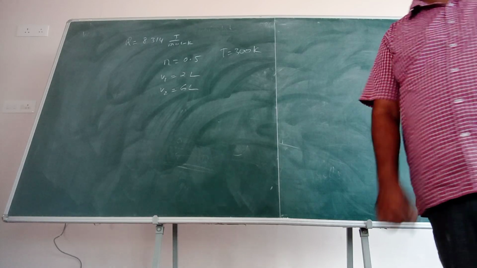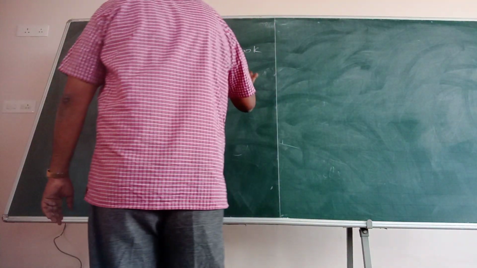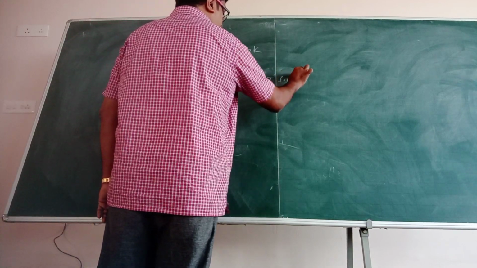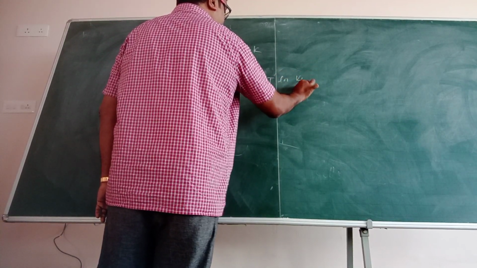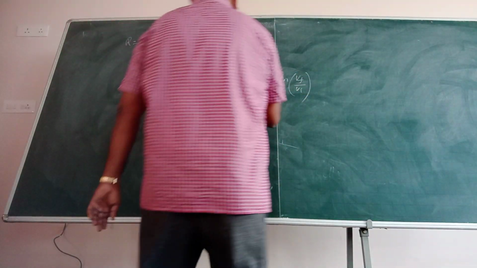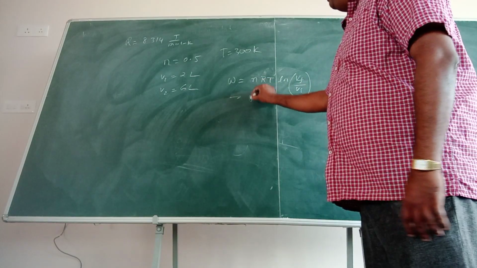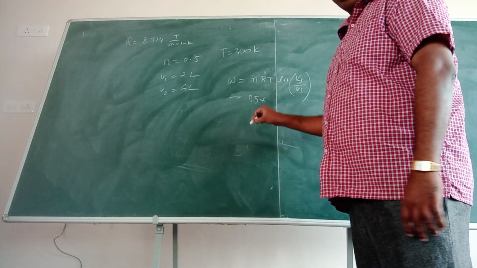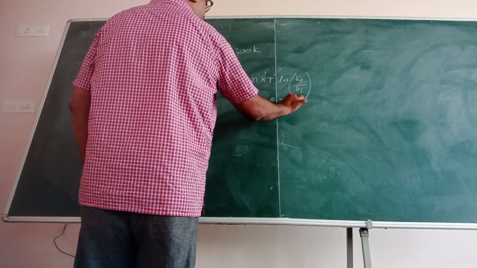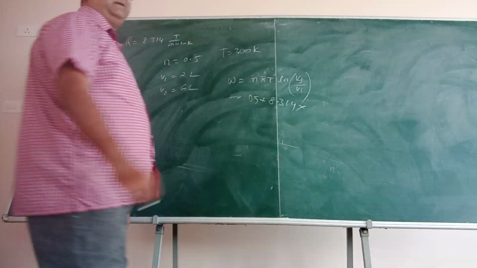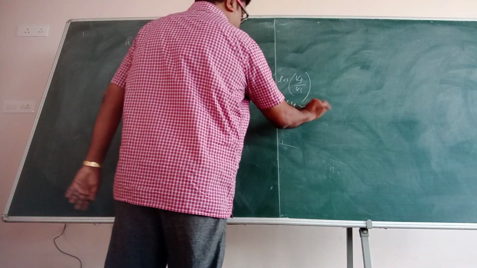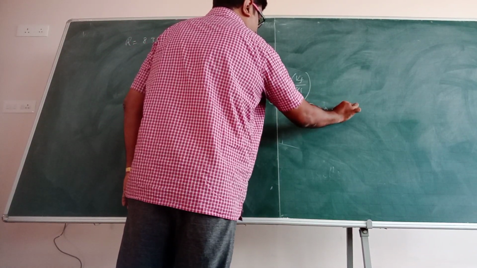Just now we have seen work done is equal to nRT ln of V final over V initial. N is given as 0.5, into R is 8.314, into temperature, which you should put in Kelvin, 300, into ln.